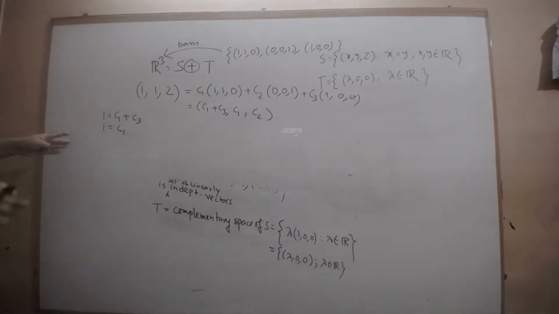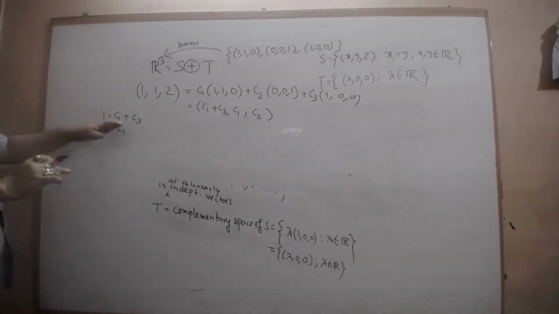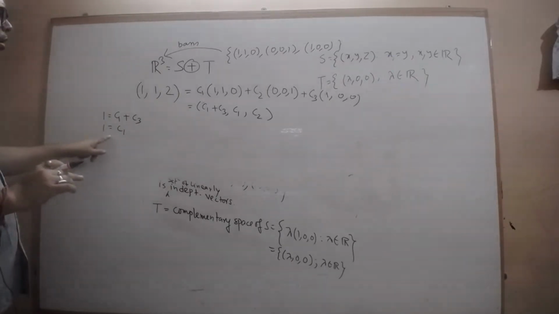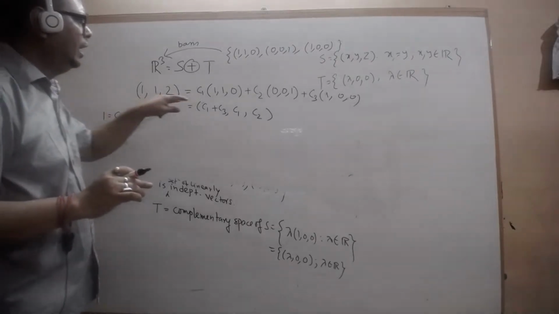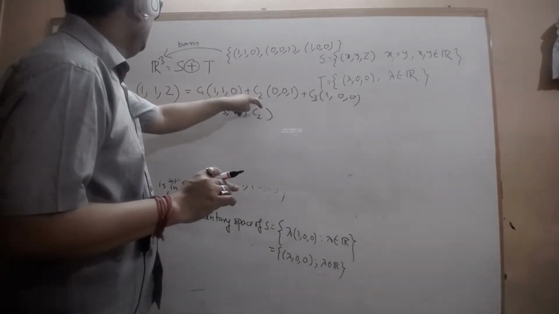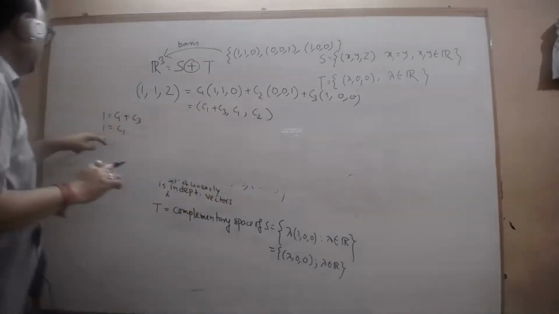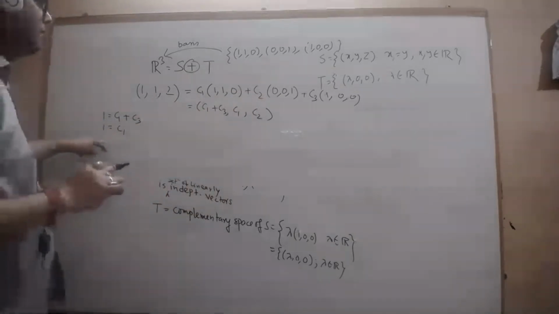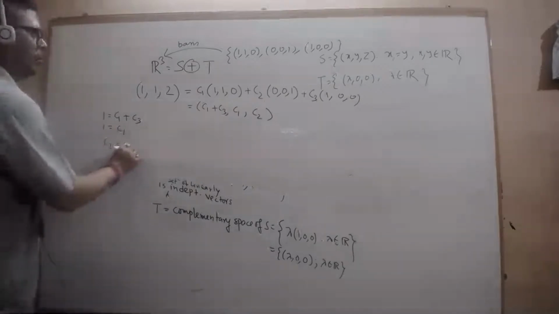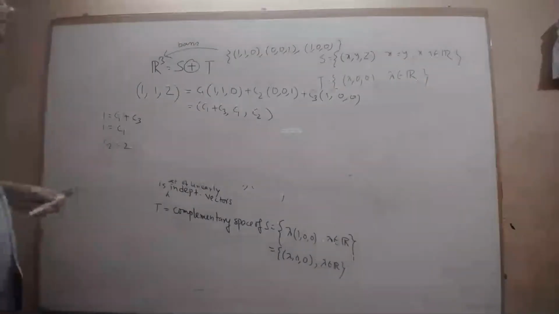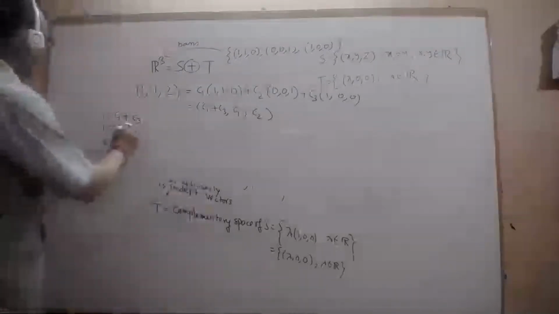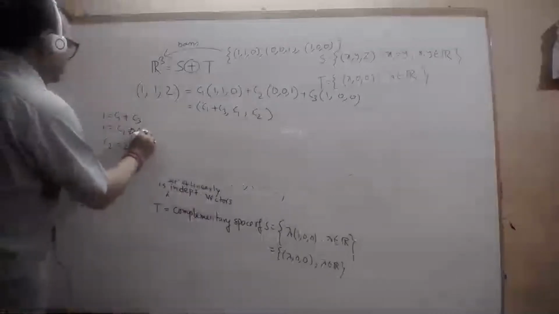So C1 equal to C1 plus C3 and C1 equal to 1, and C2, then C2 equal to 2, then you see that this implies C3 equal to 0.